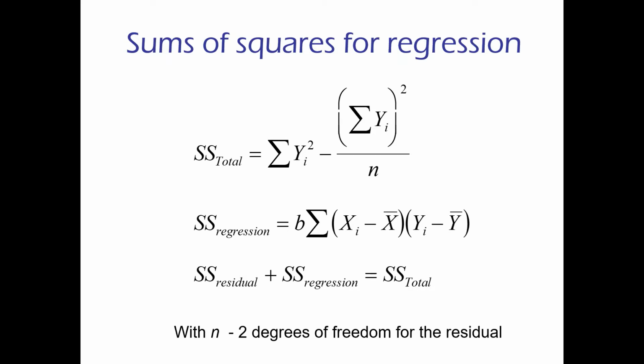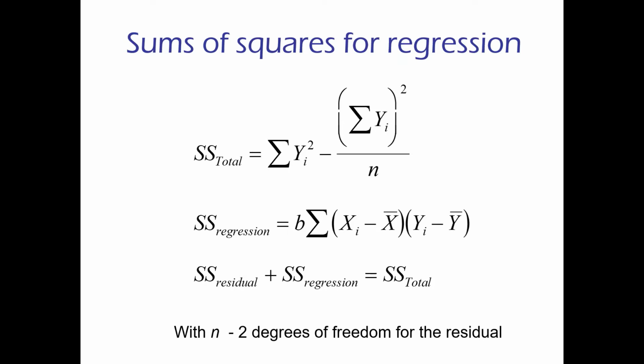To calculate the sum of squares residual, we need to start with calculating the sum of squares total and the sum of squares regression. The formulas to calculate SS total and SS regression are shown here. We'll need each value of y and the total sample size n to calculate the SS total.